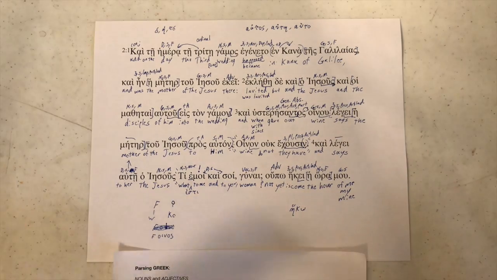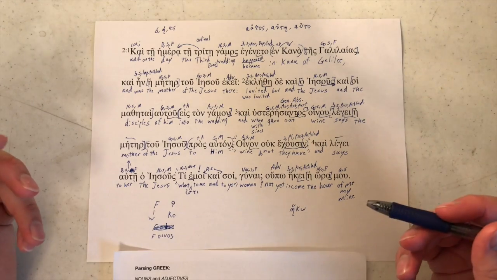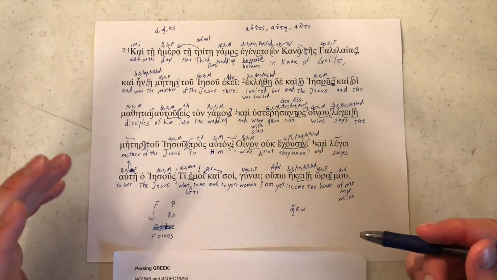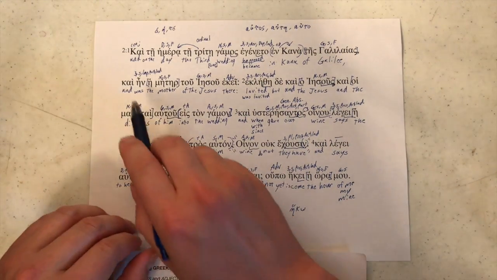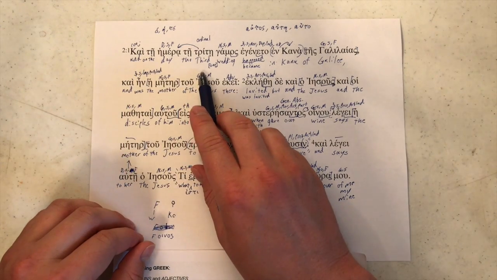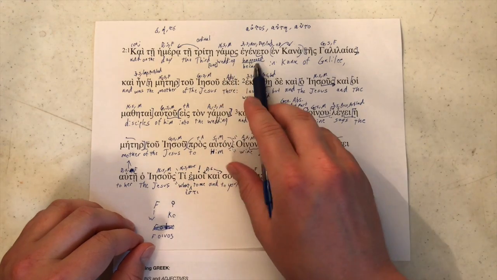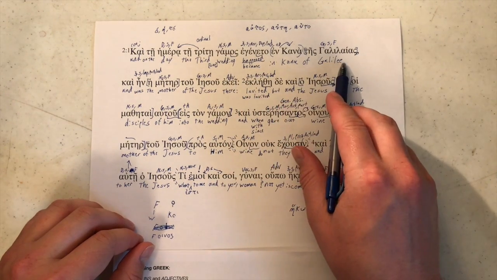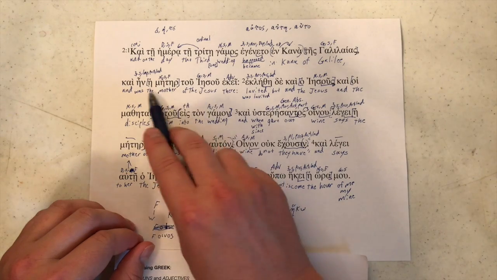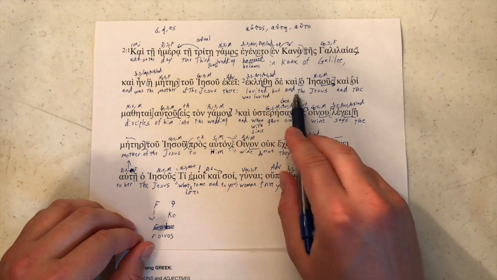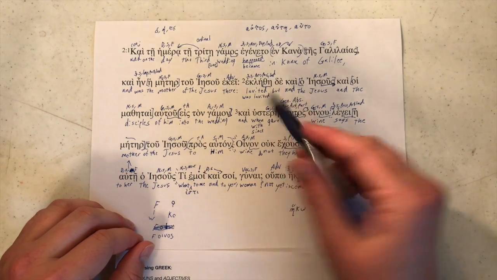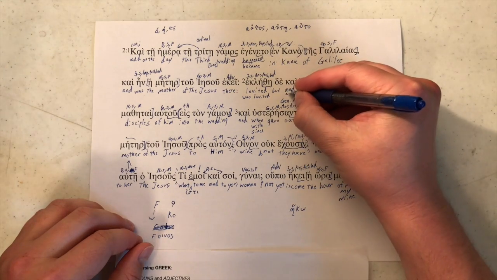But from the beginning, so that we have the full context of everything we've translated before, let's go ahead and take a look at that. And on the third day, and on the day, the third one, wedding happened in Cana of Galilee. And the mother of the Jesus was there. But maybe also would be a better translation, honestly.